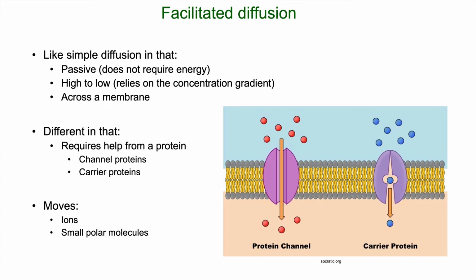You need either what's called a channel protein, which creates a pore to allow material to quickly pass through, or a carrier protein that's actually going to bind to something, and when it binds, change its shape to create a portal to move something through. And this is how cells move ions and small polar molecules into or out of the cell.